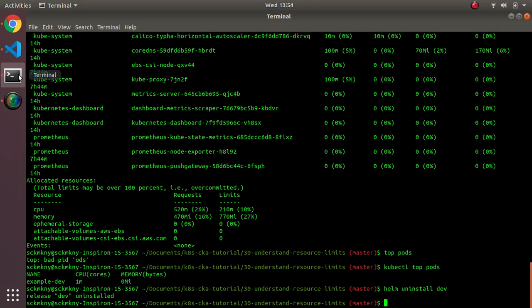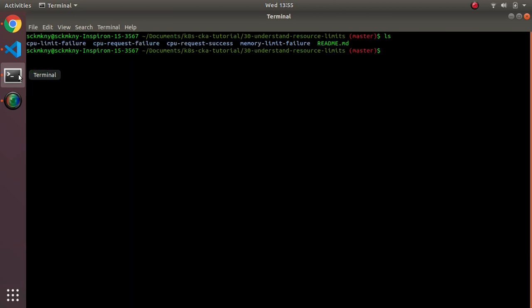So to validate that, I can do helm install dev CPU request. I already forgot what this is. Right. So helm install dev CPU limit. Not limit. So I'm doing the request one right now.